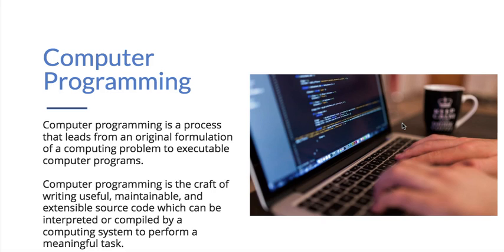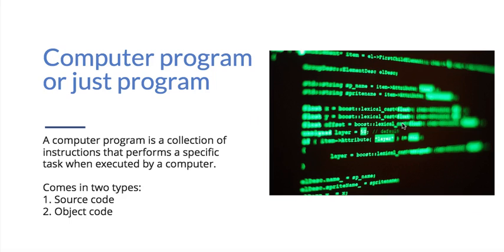So that is what programming is, and we will understand it more in the future. A computer program, or just program, is a collection of instructions that perform a specific task or set of tasks when it is executed by a computer through a compiler. We will see what a compiler is.